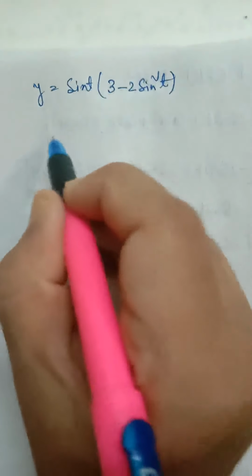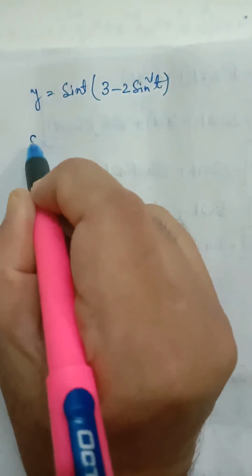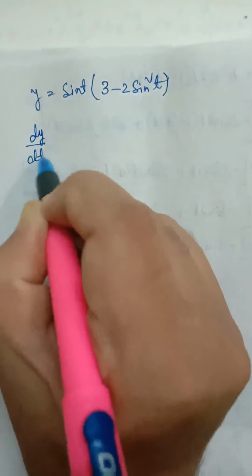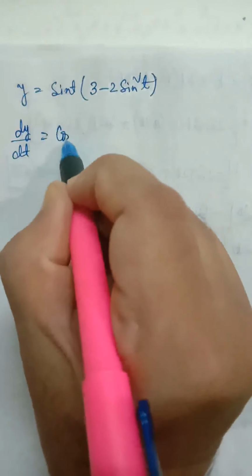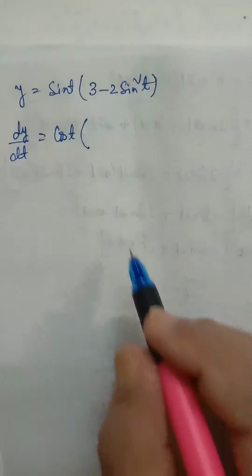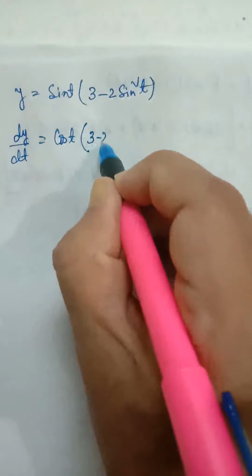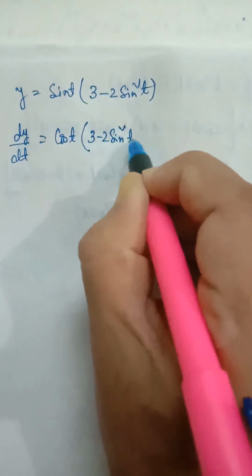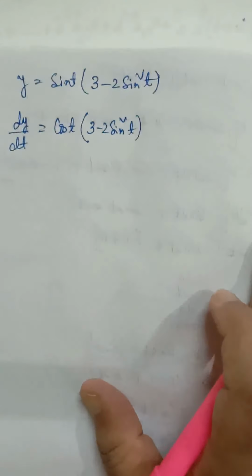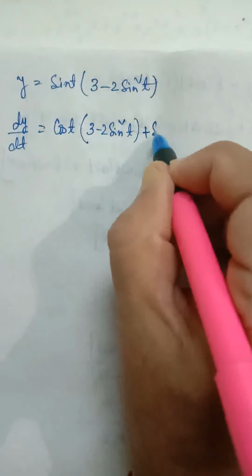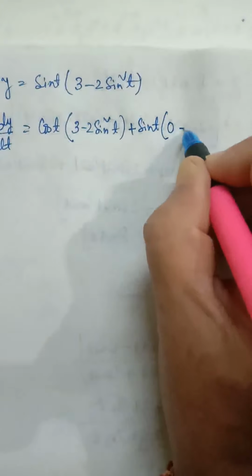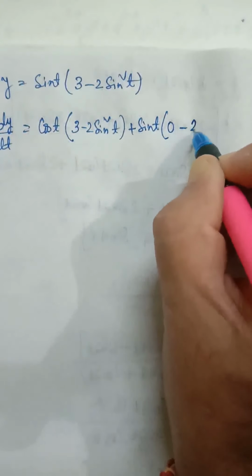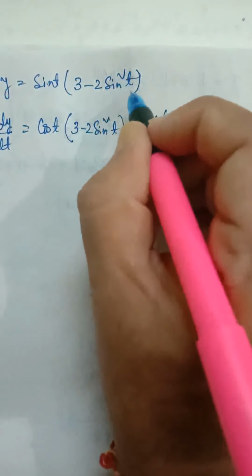Next, y equal to sin t into 3 minus 2 sin square t, dy by dt equal to, again applying product rule, derivative of sin t is cos t into 3 minus 2 sin square t unchanged, plus sin t into derivative of 3 is 0, derivative of 2 into derivative of sin square t. Sin square t means sin t whole square.